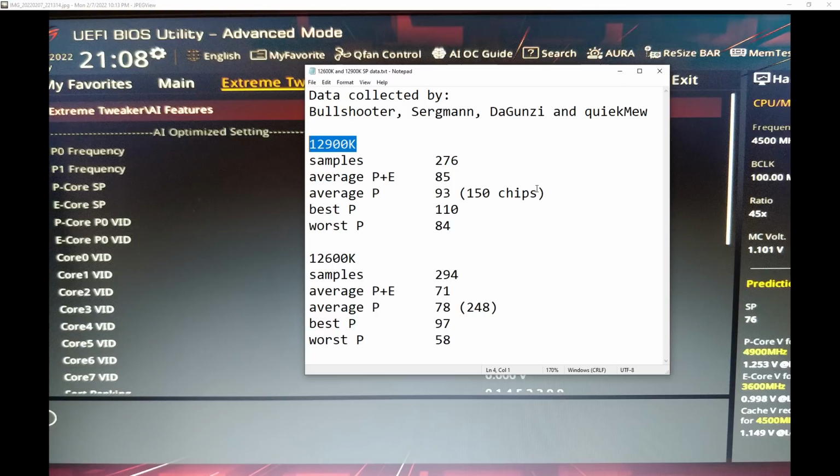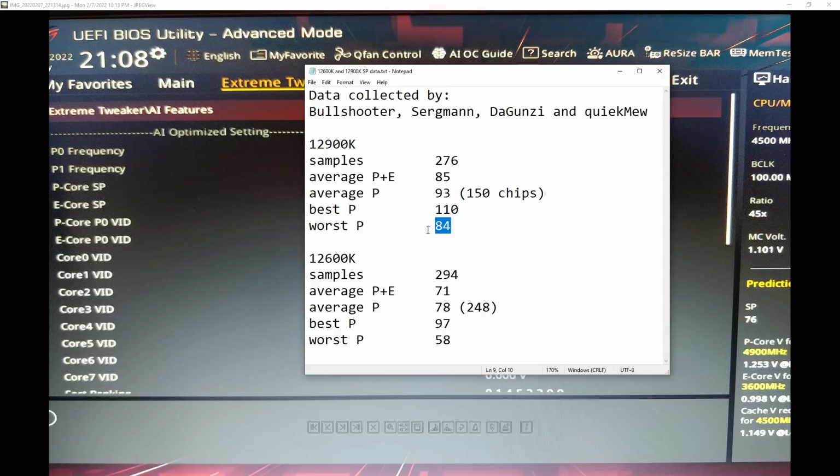Those are sort of the two criteria, so you can't really have a 12900K with an SP rating of 58, because it probably wouldn't be able to run the stock specification for a 12900K. So there's a lower limit for how bad the SP rating of a 12900K can be.